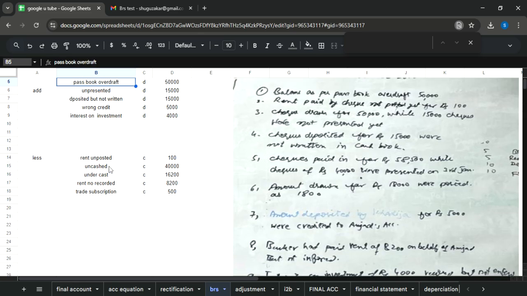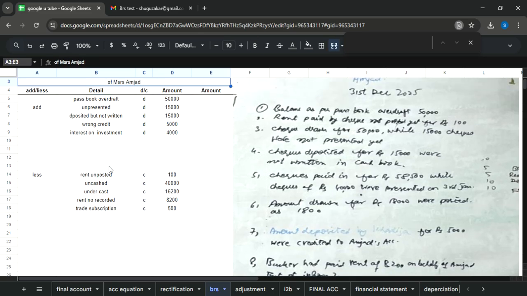Alright guys, in this way our question has been completed. As you can see, 10 entries were present. Just a quick recap. Passbook overdraft, it should be debited 50,000. Rent paid and not recorded, credit 100.